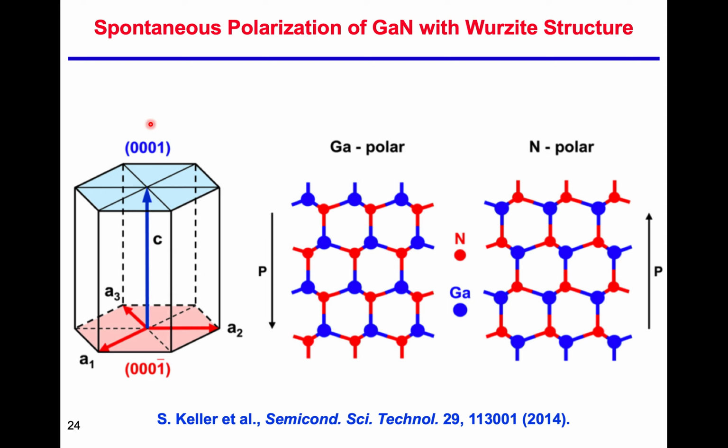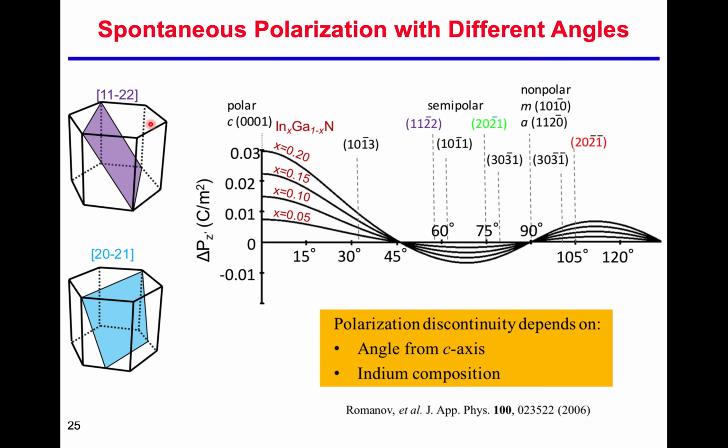We can tune the growth condition and grow in this direction or that direction. Then we can find some surfaces that have lower polarization or even no polarization. We call that non-polar, and if the polarization is smaller, we call it semi-polar.